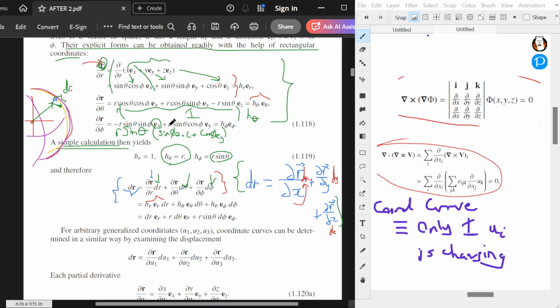So there's nothing fishy going on yet. They found the length of HR to be 1. So H theta equals R. Yeah, good.